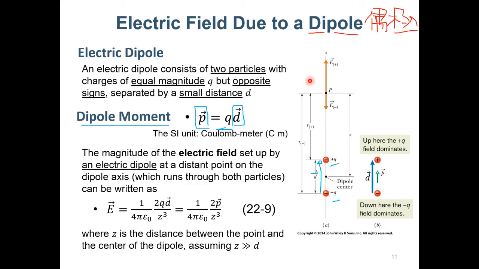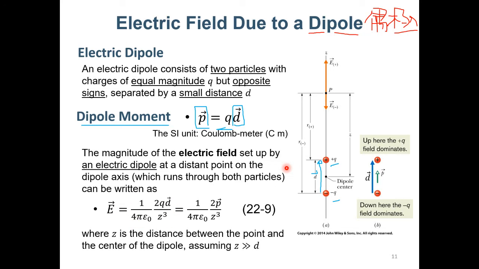And this is the z-axis, and the positive direction is the positive charge side. So suppose Z is much larger than D, then the expression will look similar like this.